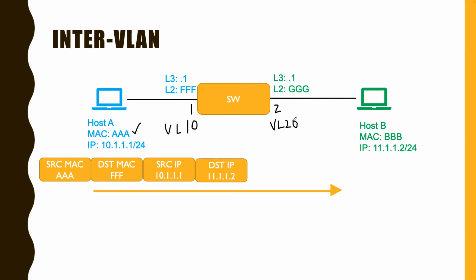A slide before, we have already seen that in our MAC table there is a column for VLAN also. So against port 1, VLAN 10, we have MAC address AAA, and against port 2, VLAN 20, we have MAC address BBB. Now a packet comes from host A, which wants to communicate to host B. This is my source IP, my destination IP is 11.1.1.2, and my source MAC is AAA.